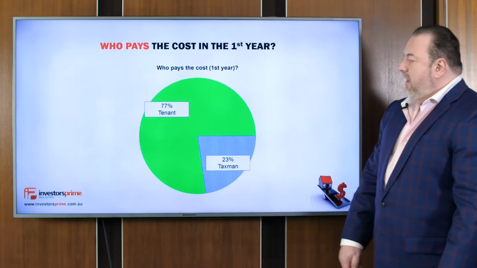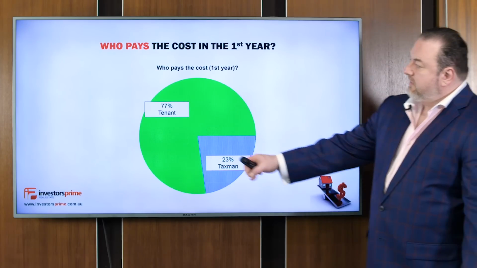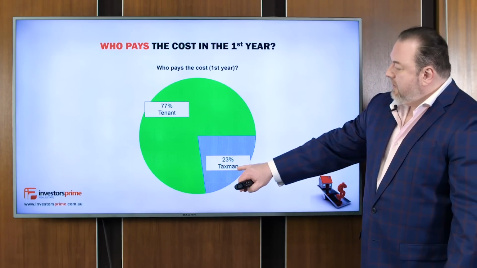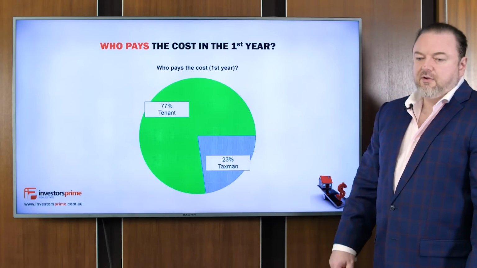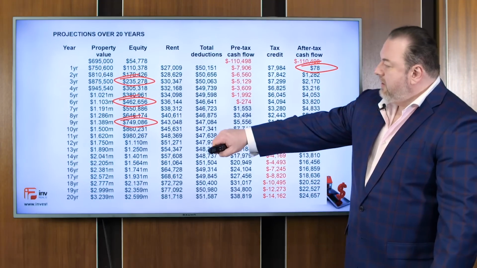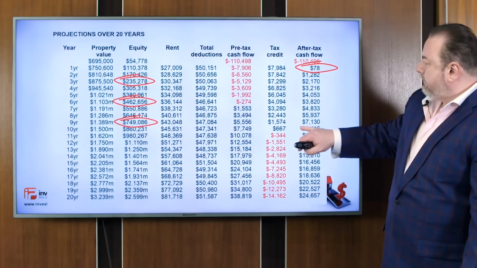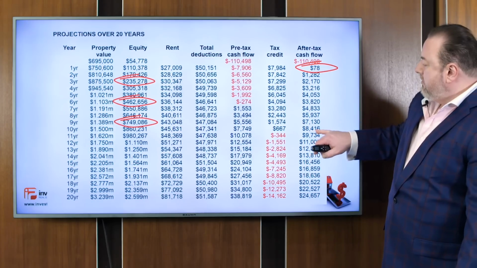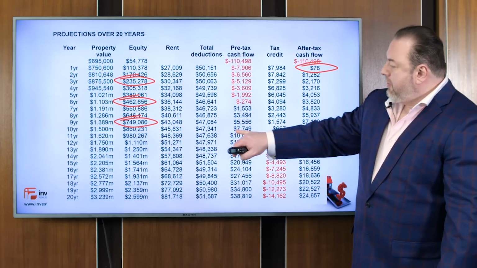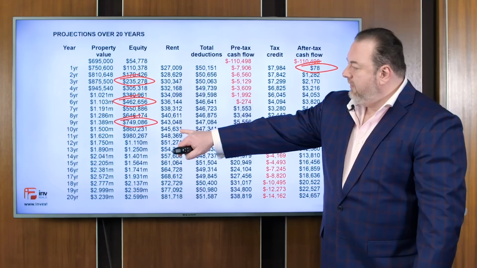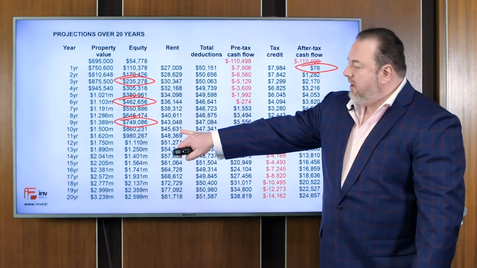Now, the outcome is that the tenant and the taxman pay all your expenses from a psychological perspective. In year 10, your rental income after tax is $8,416. But if you pay the property off, your rent is, in year 10, $45,000.